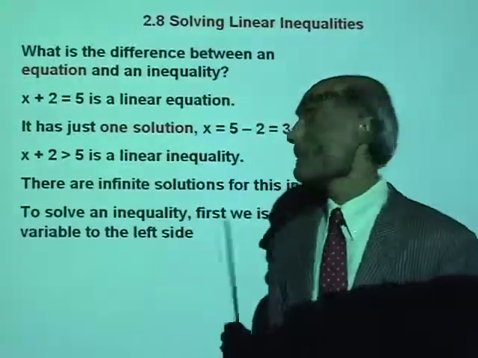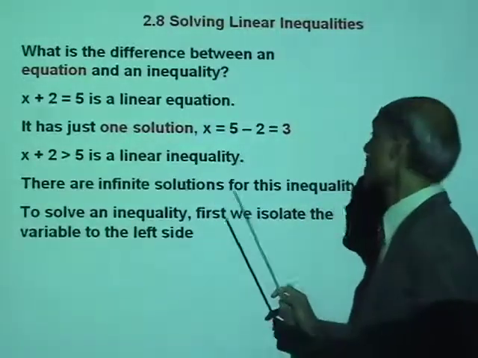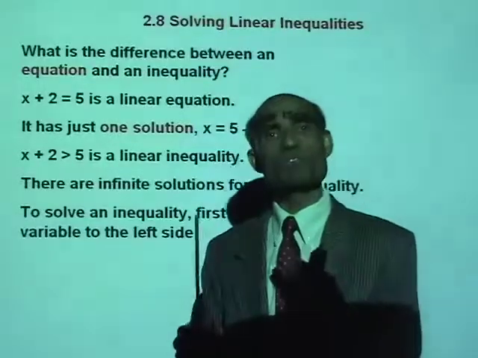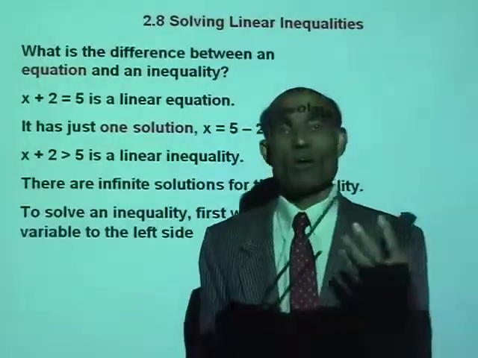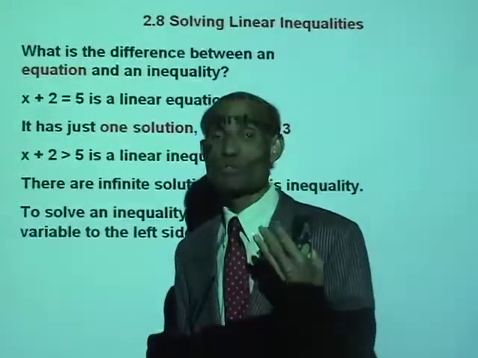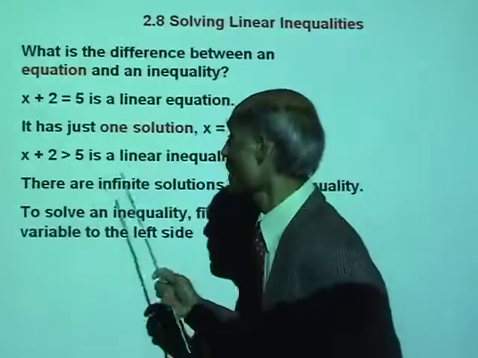How? Now, to solve an inequality, first we isolate the variables to the left side, just like we do to an equation. Almost every step that we normally follow to solve an equation, we can use to solve an inequality.